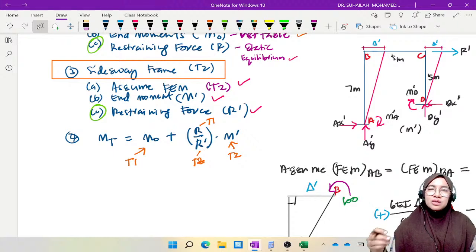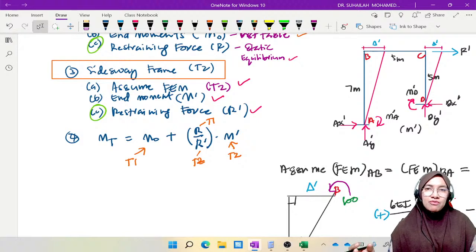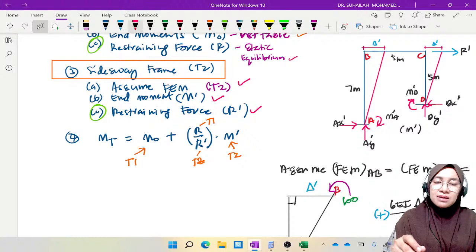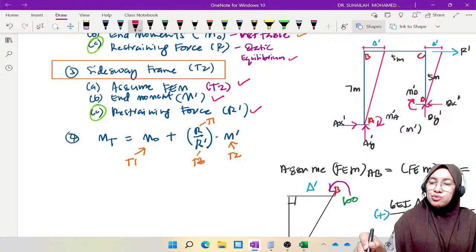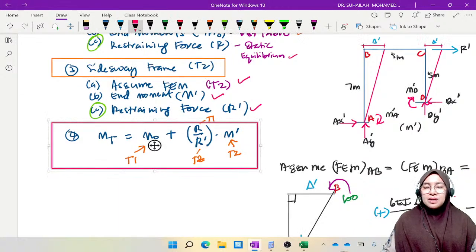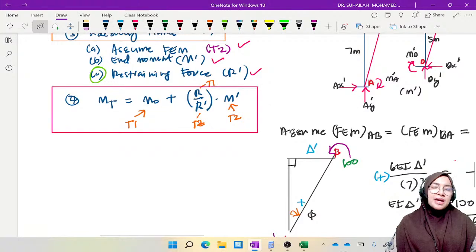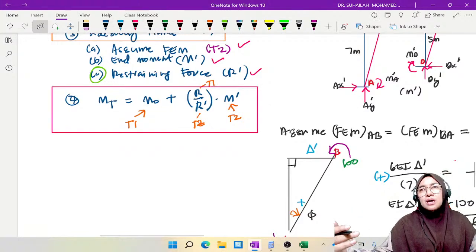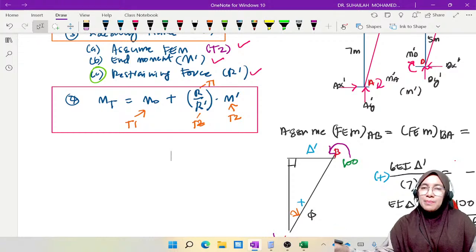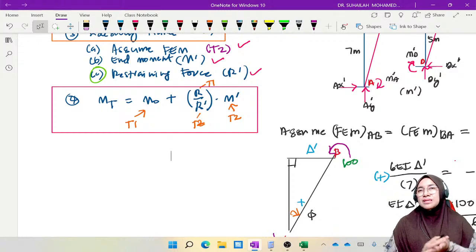The objective, the outcome of the moment distribution method, is that you can calculate up to this level. It means that you understand the analysis of sway frame using the moment distribution method. This is for frame type number 1.